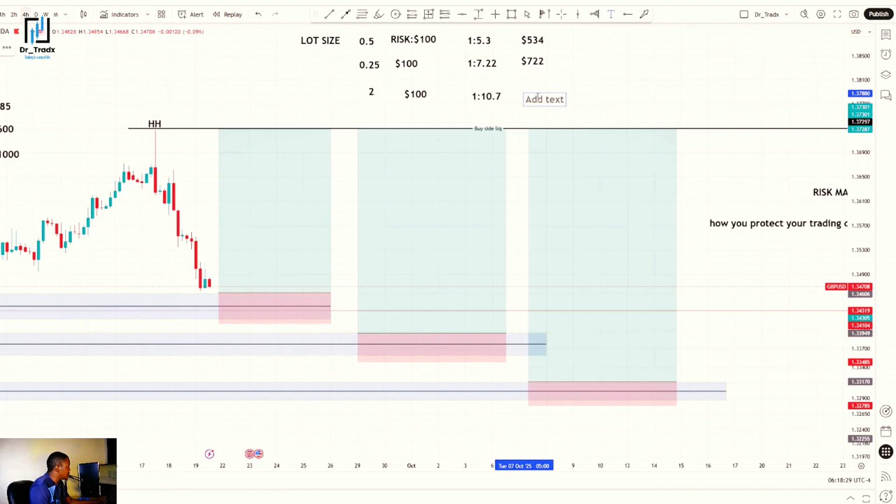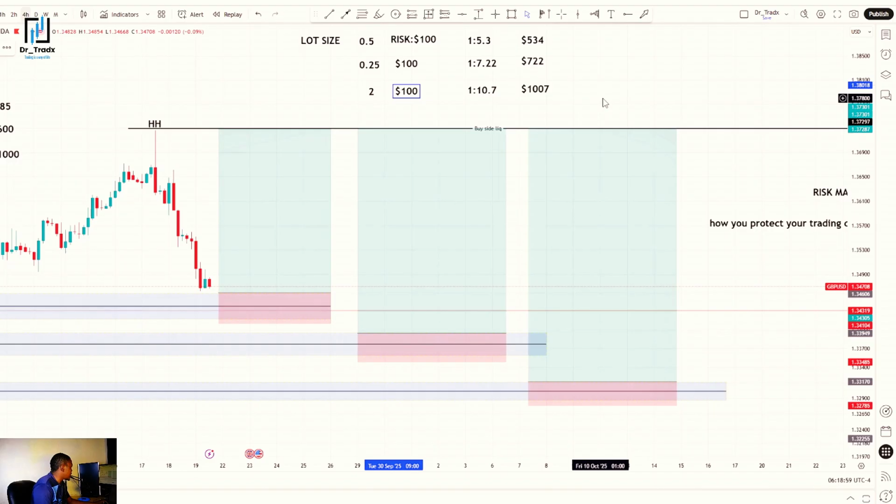Risking 100, I'm going to get around $1,007. Sorry, $1,007. Let me arrange this. It's good to have order. Now, I hope you're together up to that point.